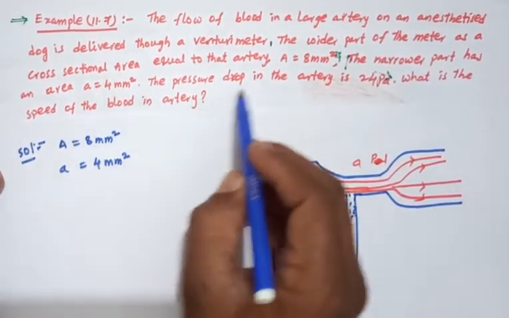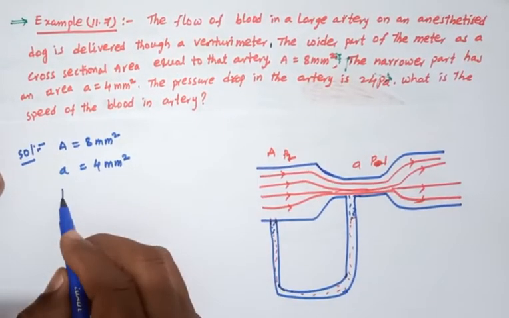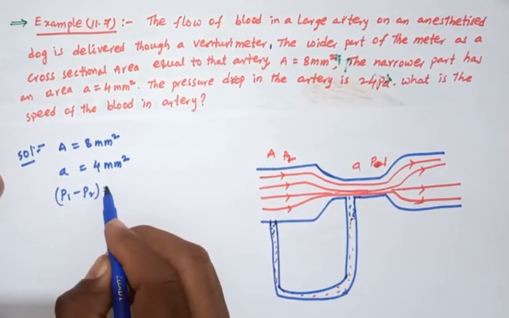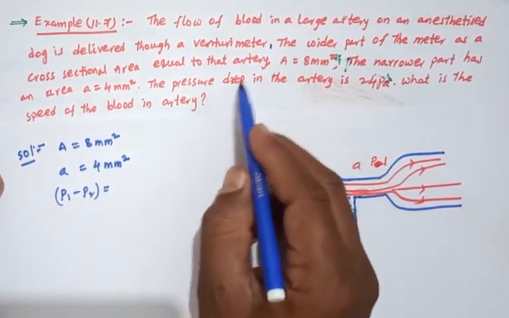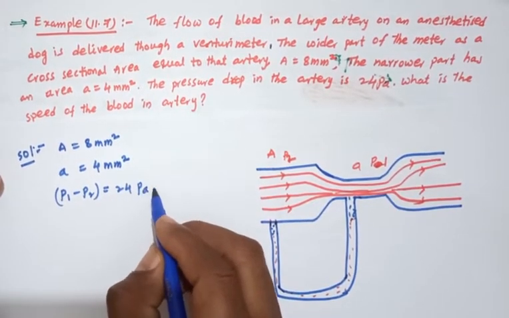The pressure drop in the artery, P1 minus P2, is 24 pascals.